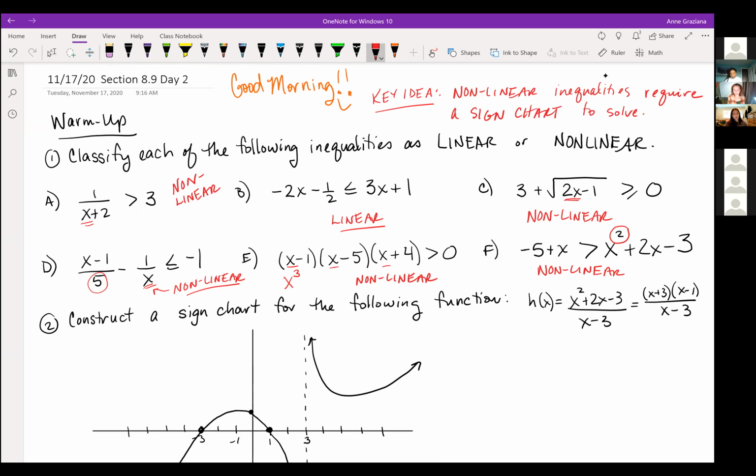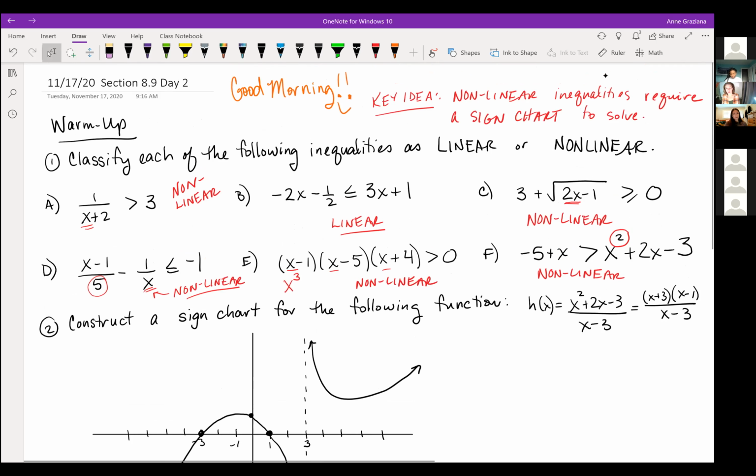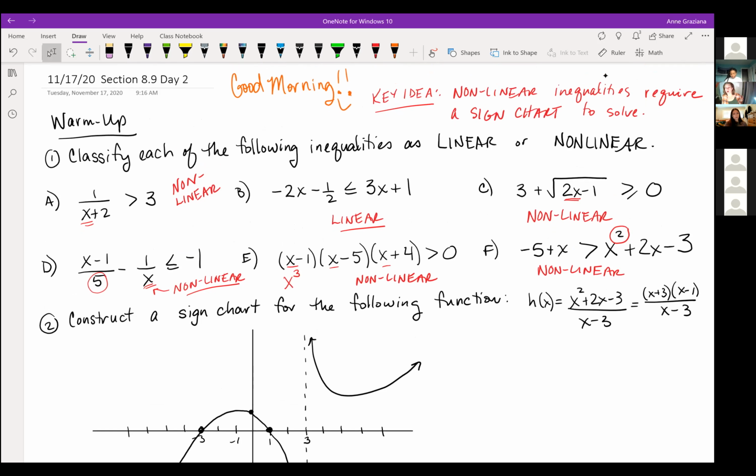All the linear ones, we already know how to do that. So nonlinear inequalities require this sign chart thing. For 5 out of 6, we would need a sign chart. Hopefully, I probably do examples today and tomorrow, and by that point you would know how to do all of these.